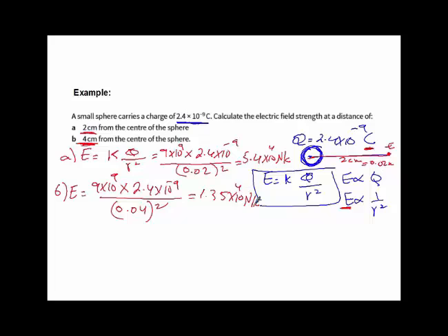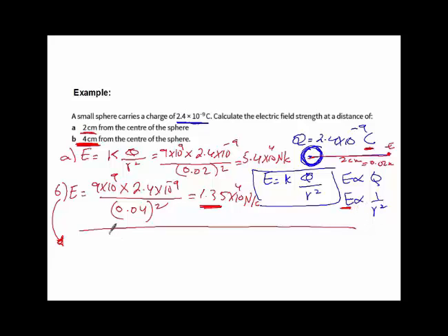As we expected, it decreases because the distance increased. If you see here, the distance was doubled, increased by a factor of 2. So you can do part B with another method, proving it by other mathematics.